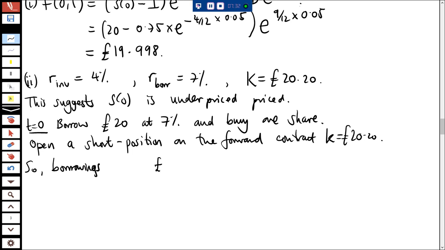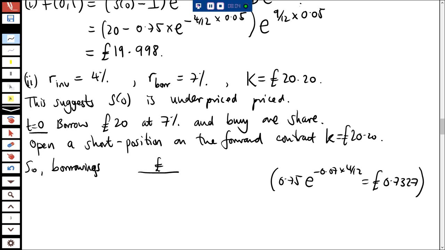We're going to split it as follows. Let's do a side calculation. If we take the 75 pence dividend and we discount it to today's price, that will give 73 pence. Okay, I'll do a few more decimal places.